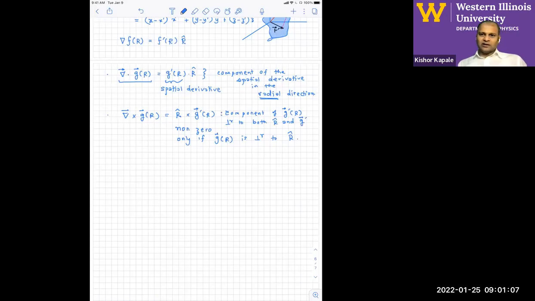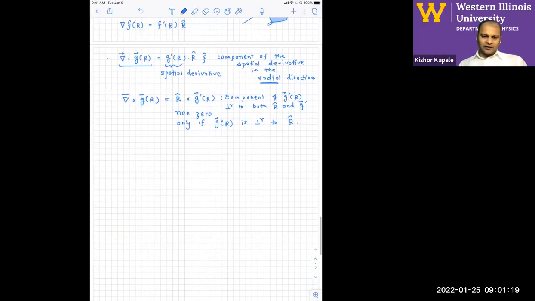And so the curl is always perpendicular. It's coming out of the plane. If you are thinking about two-dimensional fields, the curl would be, it's not radially, sorry, it will be coming out of the plane of the board. And that's that.